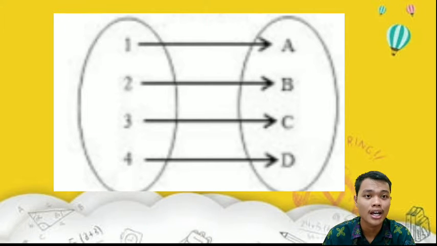A function has a characteristic: each member of the domain has just one relation to the codomain. Okay, can you understand the meaning of a relation and a function? Good. I think you can understand that.